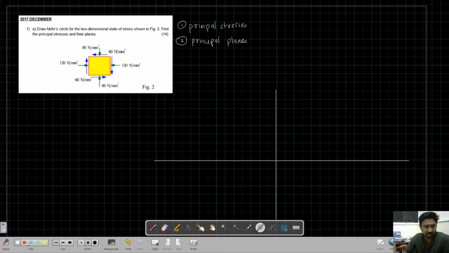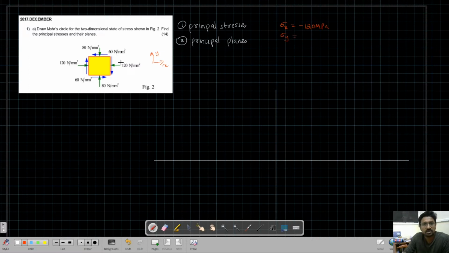Now if you observe the values given to us, if I call this the x direction and this the y direction, I have sigma x as minus 120 MPa, minus because it is compressive.